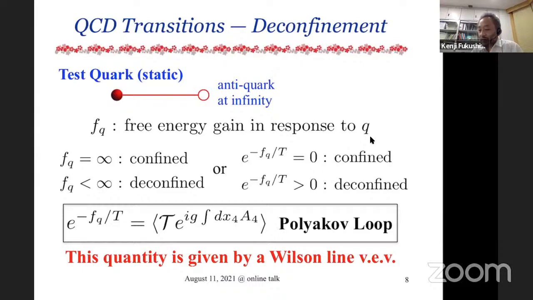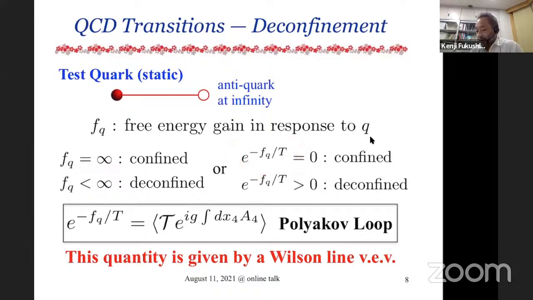In other words, if this F is exponentiated, of course, inside of the exponential some dimensionless quantity must come. To make this quantity dimensionless, usually the temperature appears in the denominator. If the free energy is infinitely large, then this exponential becomes zero, right?